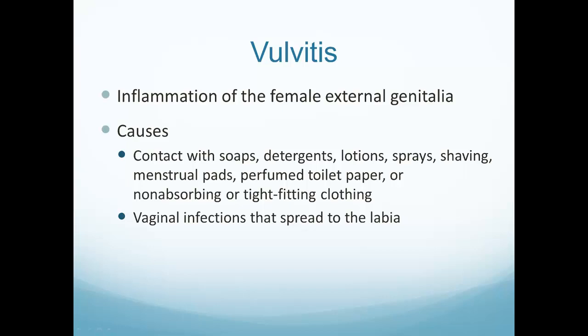They just start running, or they go out and run a long race, or maybe they're running a race when it's particularly hot outside and they're getting more rubbing, more friction than they normally would, and that causes inflammation of the genitalia. So a number of different things could cause it. Certainly we want to avoid those things if at all possible, so that it doesn't happen again in the future.